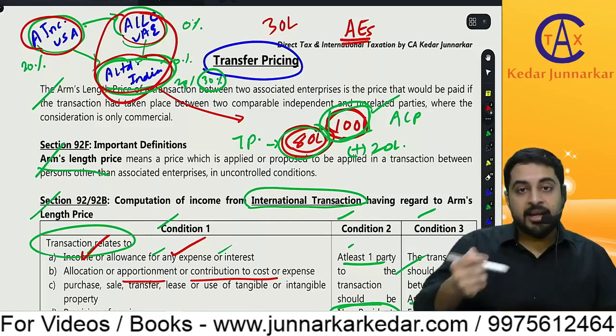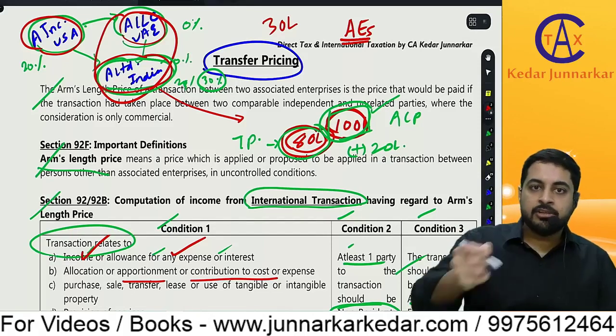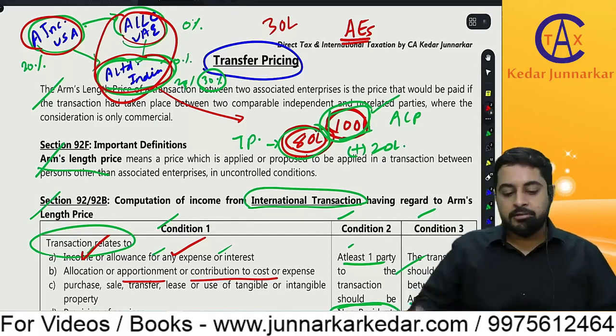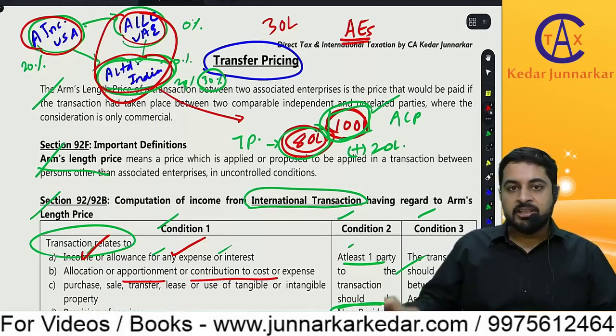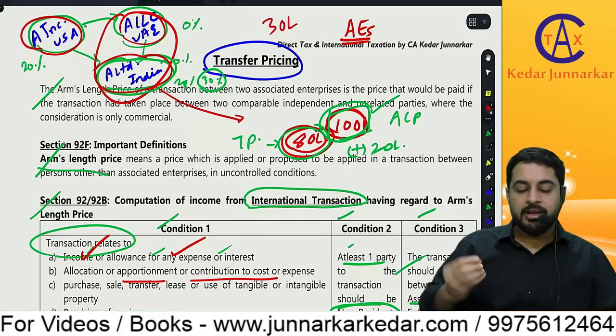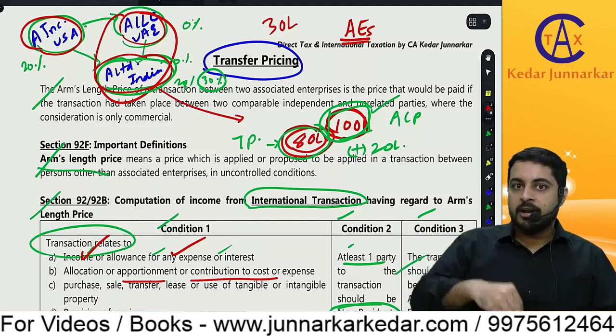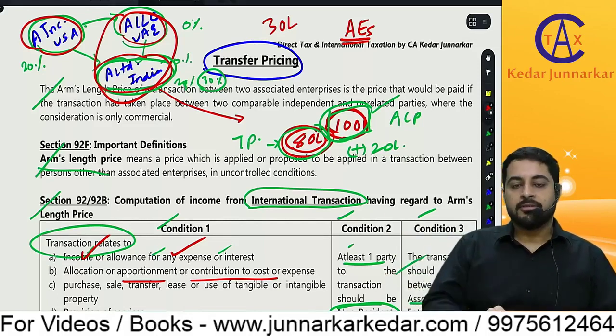But to A Limited, 15 lakhs is allocated, 10 lakhs to A Inc., and 5 lakhs to A LLC. Means that 5 lakhs which should have been allocated to A LLC are allocated to A Limited India. What can be the reason behind this? Since more cost is allocated to India, the profit will reduce.